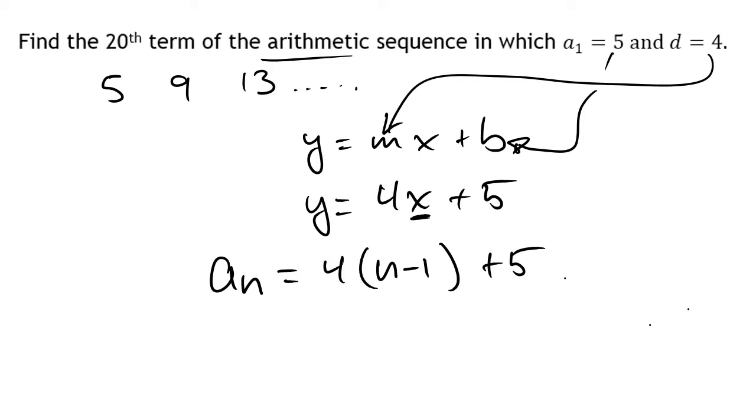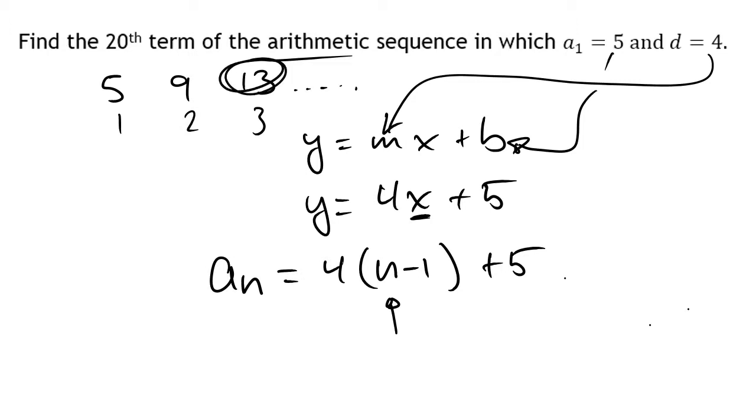You can see I know this is the first, the second, the third term. If I want to test it, I plug the number 3 in there: 3 minus 1 is 2, 2 times 4 is 8, 8 plus 5 is 13. So it does produce 13 when I plug in 3.